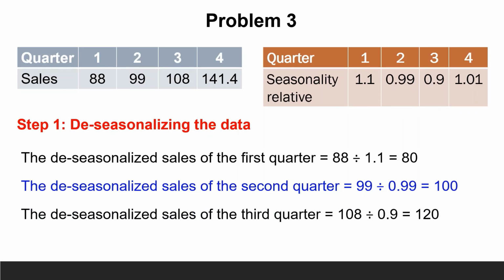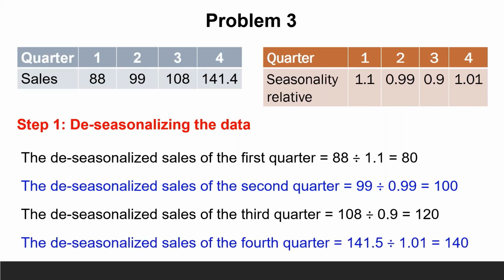The deseasonalized sales of the third quarter is 108 divided by 0.9 equals 120. The deseasonalized sales of the fourth quarter is 141.4 divided by 1.01 equals 140. Well, the deseasonalized data for the 4 quarters are 80, 100, 120, and 140. Obviously, it has a trend.